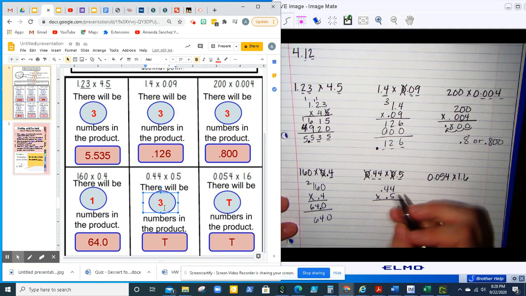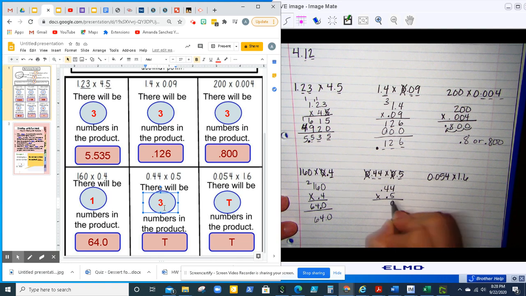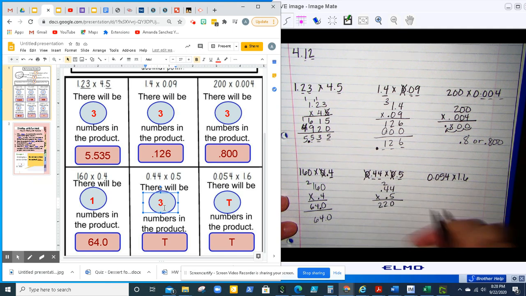Then you can multiply. 4 times 5 is 20. 4 times 5 is 20, plus 2 is 22. And now remember, we have 1, 2, 3 values behind our decimal. So 1, 2, 3, your decimal goes right in front of that first 2. So you can either write it as 0.22 or you can write it as 0.220.